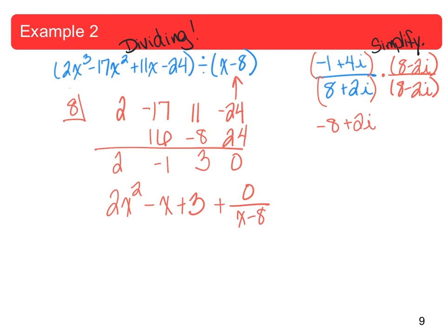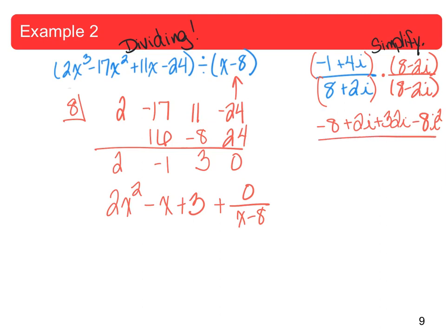Okay? 4i times 8 is 32i. 4i times negative 2i gives me negative 8i squared. Okay, i times i is i squared, and what's i squared?